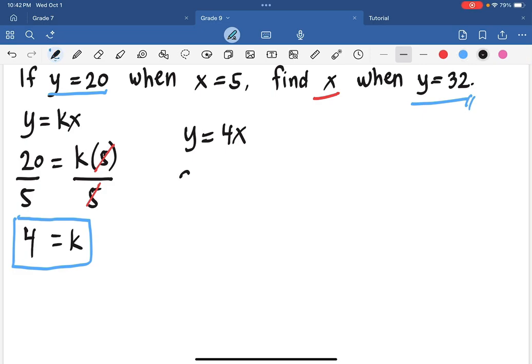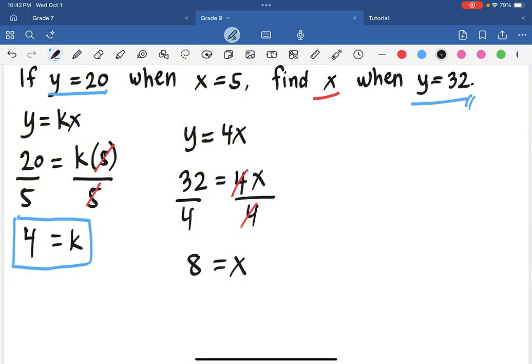So let's write 32 equals, let's use 4 because again, this is the equation and 4 is the constant, 4x. Now based on this, we could directly divide both sides by 4. We cancel 4 here and 4. So we are left with the new value of x, which is being asked. And 32 divided by 4 is 8. And this is the answer that we are looking for.